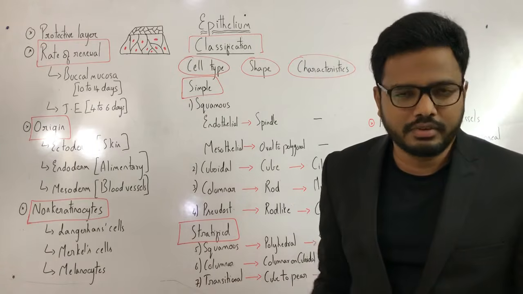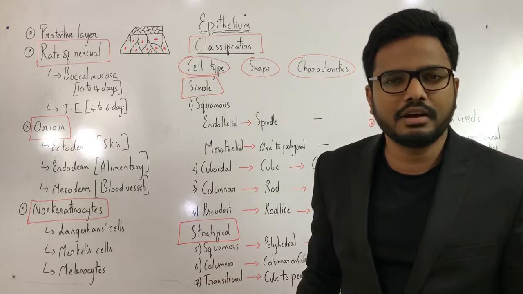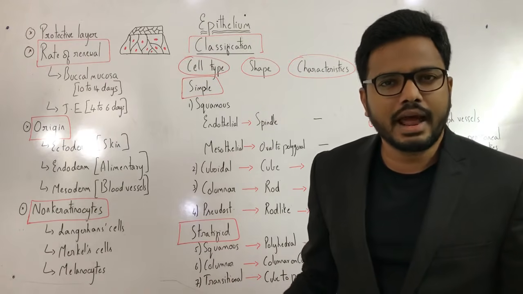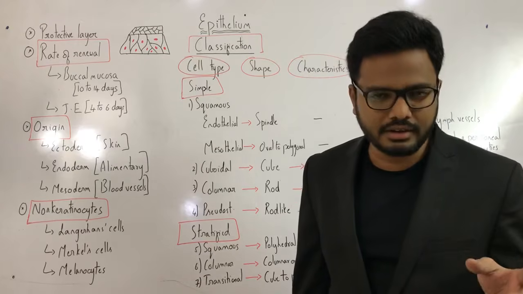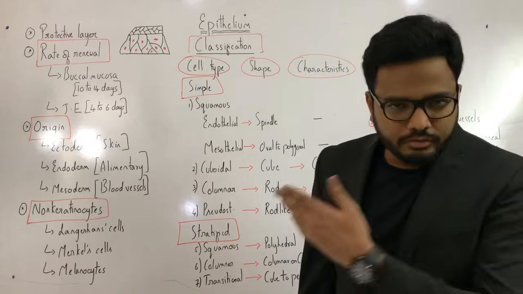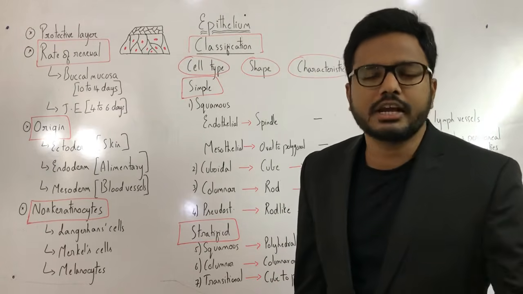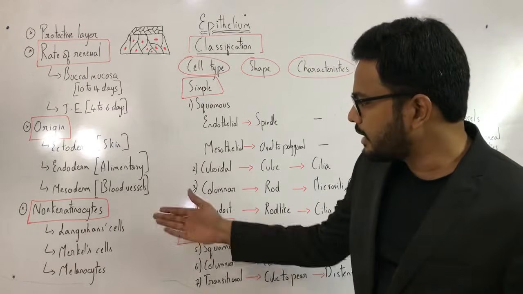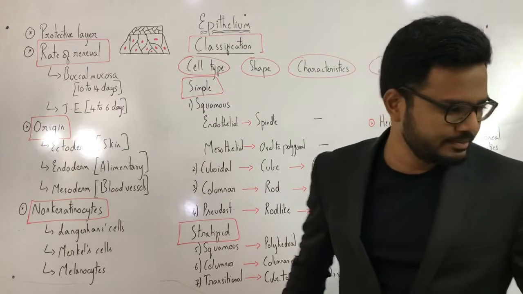Now, let me ask you a question. Which type of cell has a typical tennis racket appearing organelle? Every cell has organelles in it, right? So which of the following has a characteristic tennis racket shaped organelle? Is it Langerhans, Merkel's, melanocytes, or keratinocytes?